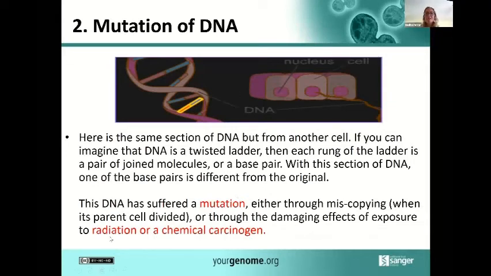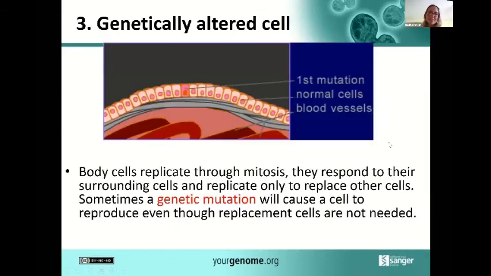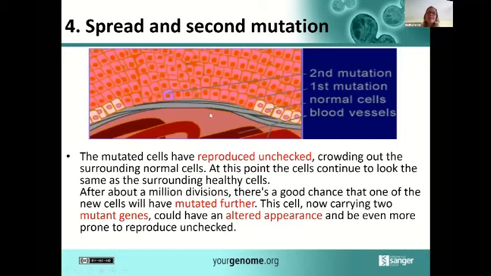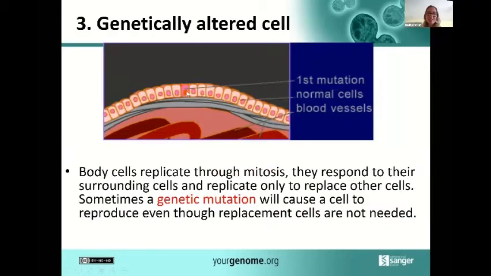That mutation can be caused by radiation or chemicals. This cell here has had one mutation, but all of the other ones are still normal, so not a lot has happened yet. This cell that's mutated is going to then divide and spread like this.